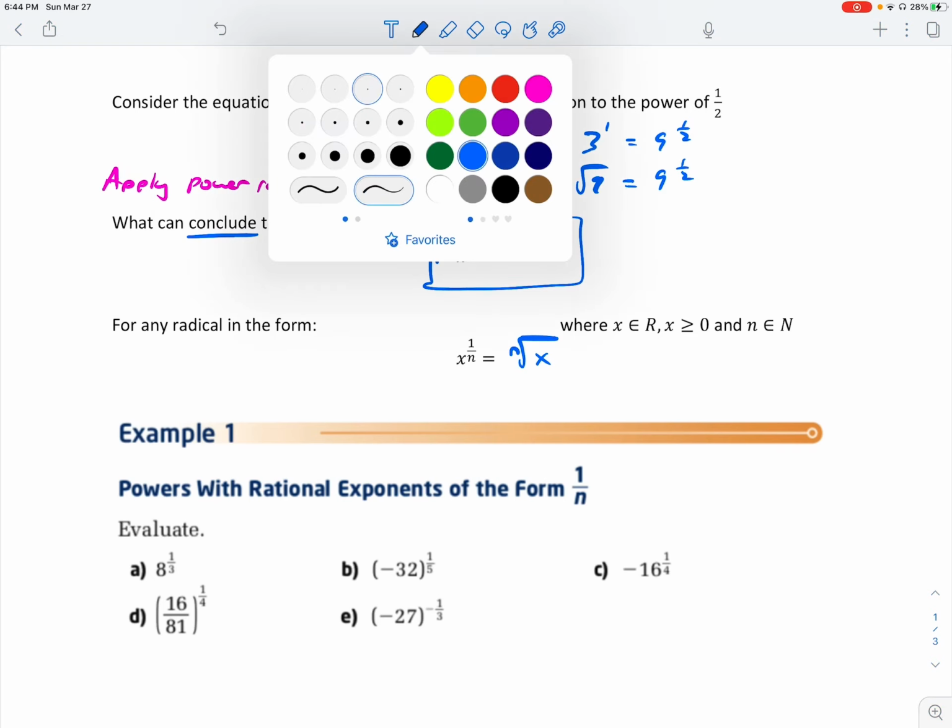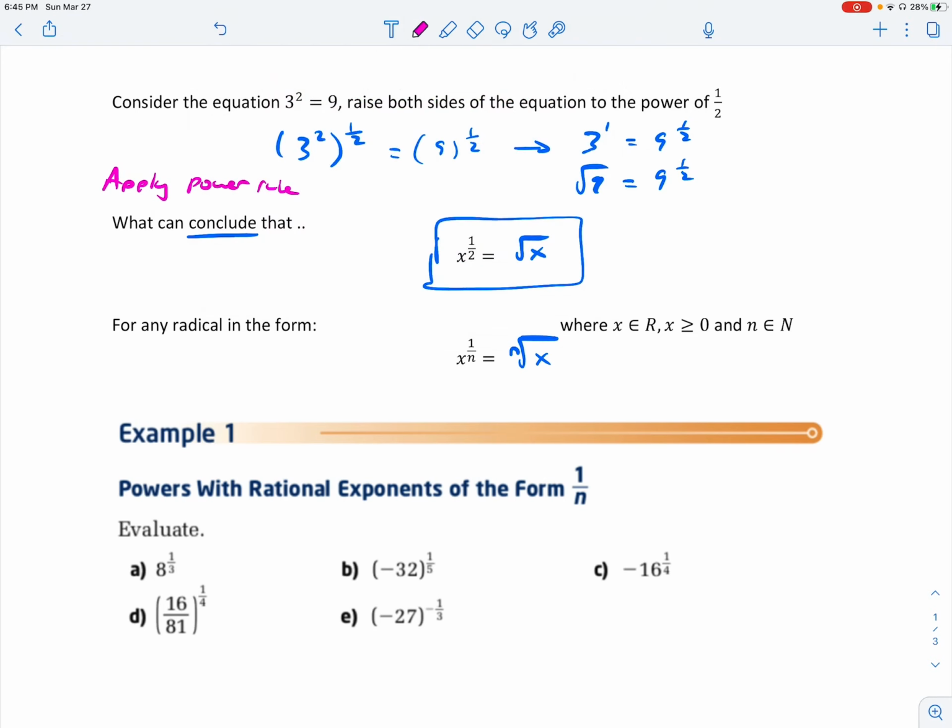A few things we can write out here. n is referred to as the index of the root. As an example, if we had x to the 1 over 4, this means the fourth root, and we could write it with a little tiny 4 and then the x.